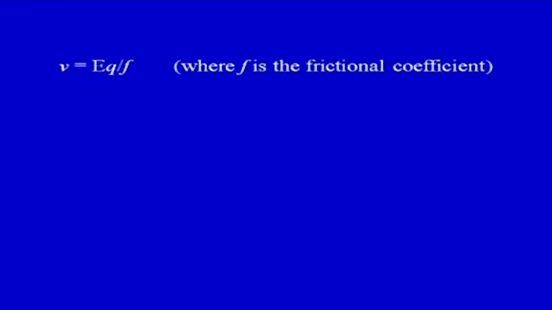Therefore, the velocity of the charged molecule in an electric field is given by v equals Eq upon the frictional coefficient. That is the velocity a particular molecule will have when it moves through a medium under the influence of an electric field.